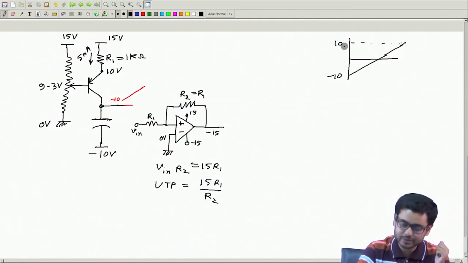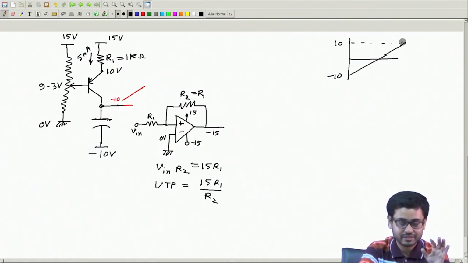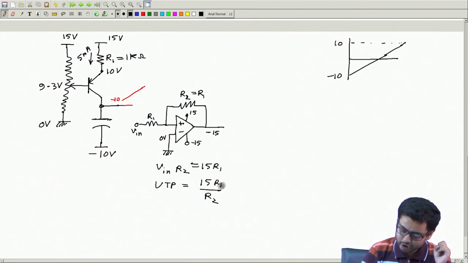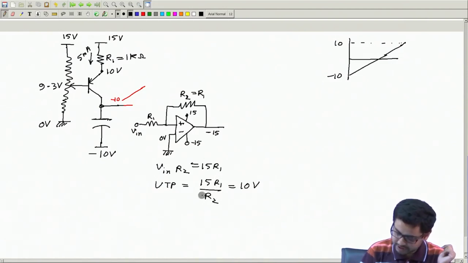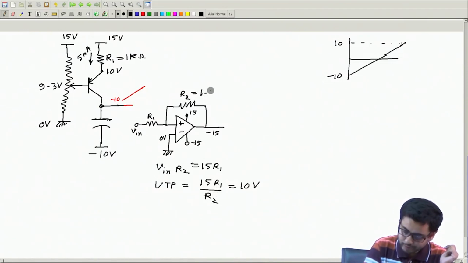Suppose now I want the ramp voltage to go up to 10 volt. If so, then I want the upper trigger point also to be 10 volt. So I will take R2 equals 1.5 R1.